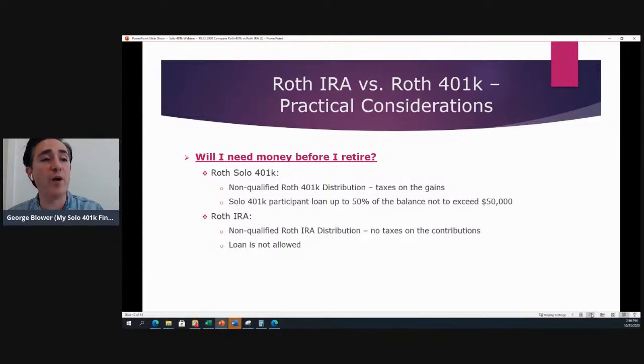Whereas with the Roth IRA, you could take out the basis. There's no taxes on those contributions. However, the loan is not allowed. So depending on your situation, one might be preferable. You might say, hey, I'm eligible to do the solo 401k. I want to make a lot more contributions. I still can access the money via the loan if I really need it.